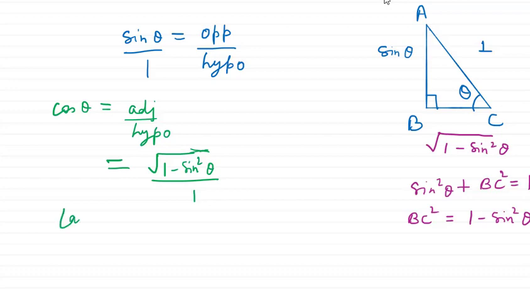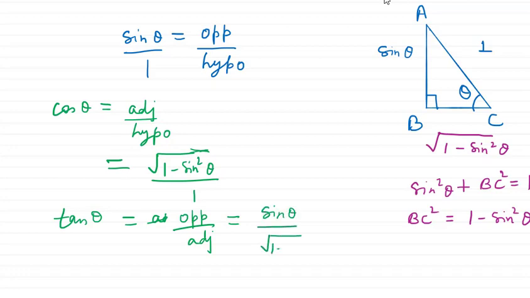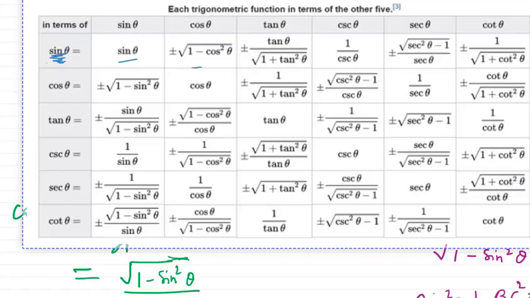This way you can write any trigonometric function in terms of any other trigonometric ratio. So tan theta is opposite side, which is sine theta, divided by root over 1 minus sine square theta. This way you can write all.